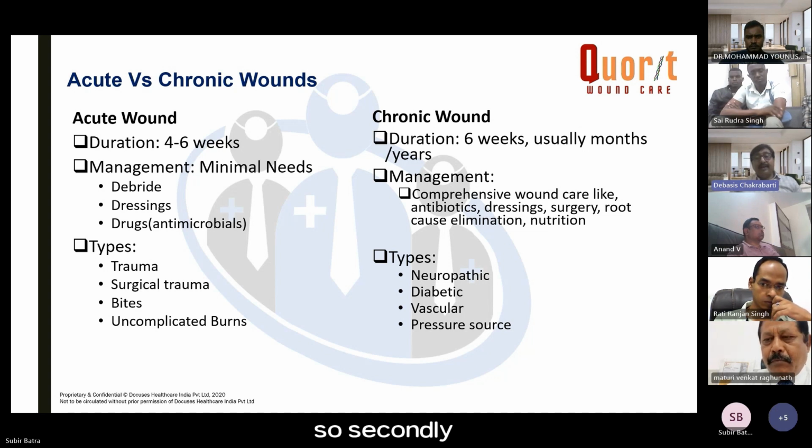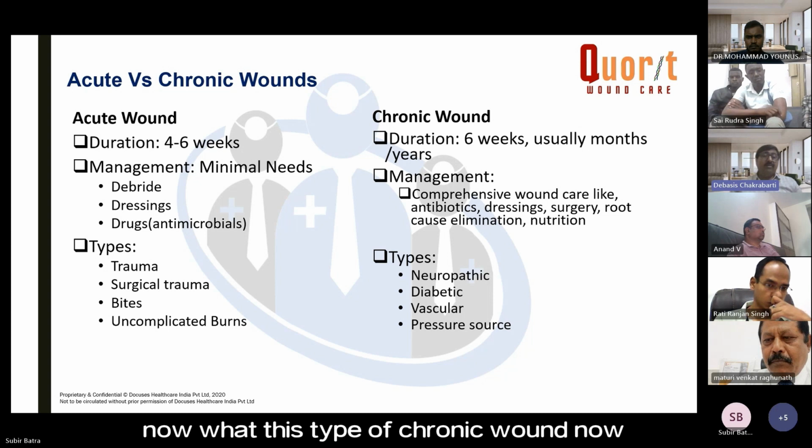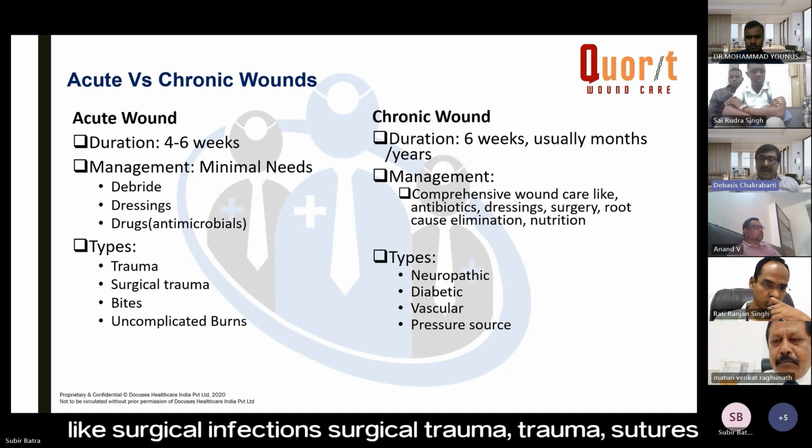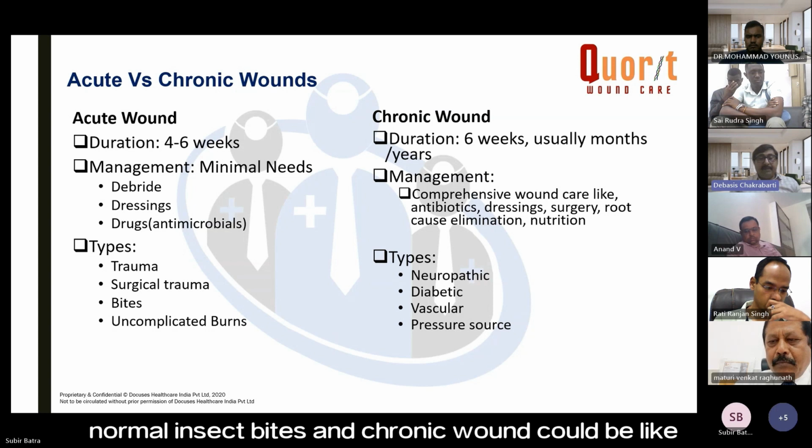So secondly, what are the types of chronic wounds? Now an acute wound could be anything: uncomplicated burns, surgical infections, surgical trauma, sutures, normal insect bites.